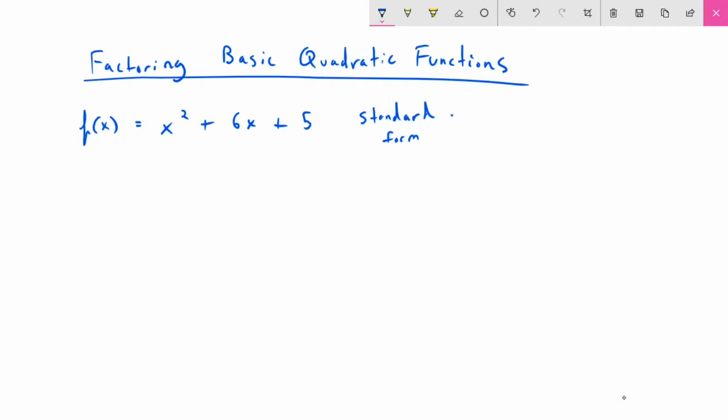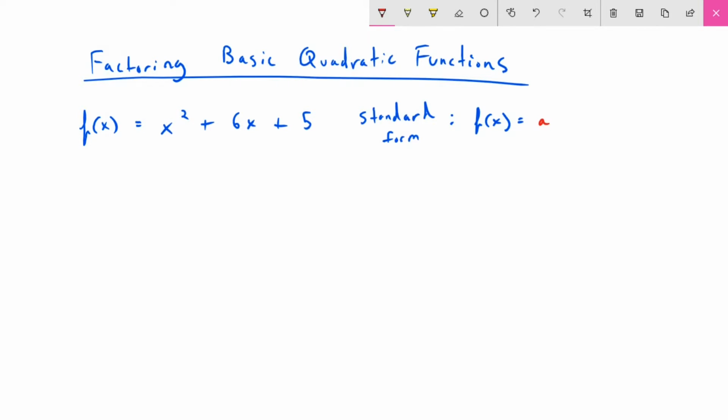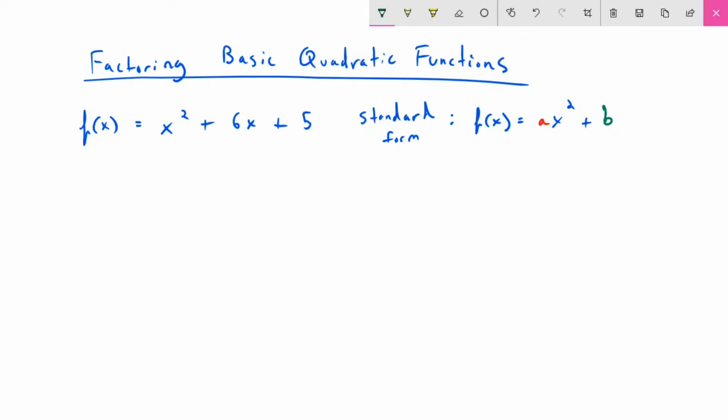Our standard form is going to be f of x equals a, this is very important, a x squared plus b x plus c.